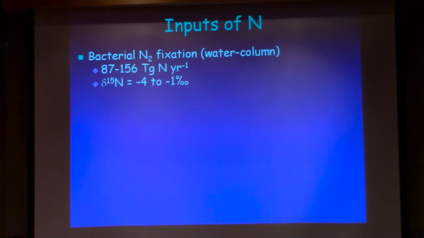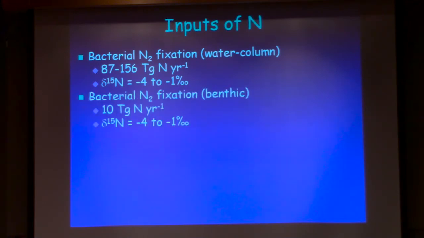As nitrogen is dissolved in the ocean, there's an equilibrium fractionation where there's an increase of about 1/2 per mil. Bacterial nitrogen fixation can also occur on the seafloor when light reaches down to those shallow regions, but it's a small amount. The values are about the same.